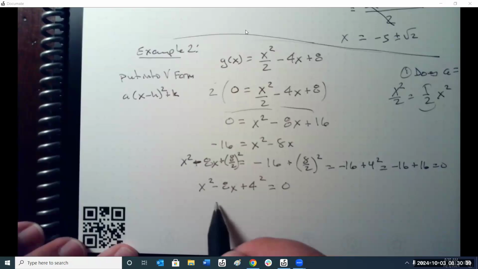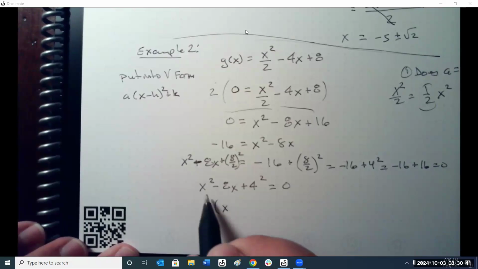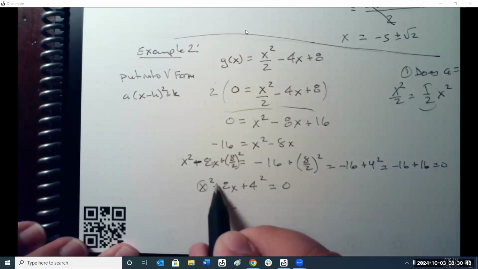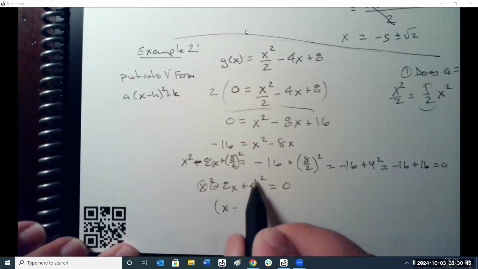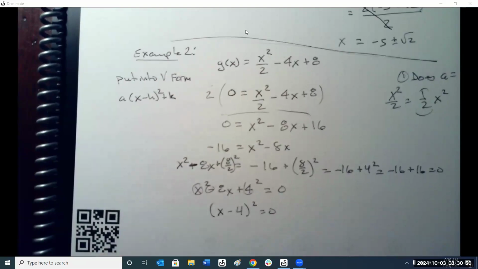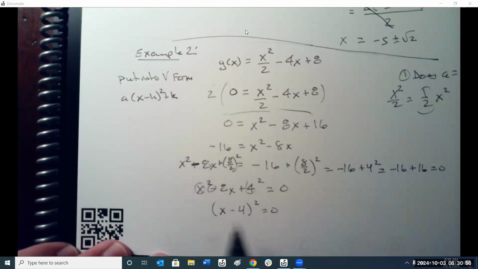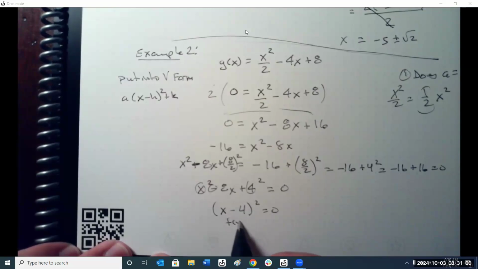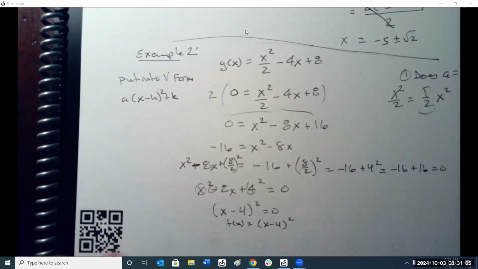So we have here our first term, our first sign, and our last term. So here we're finished. So our function is equal to (x minus 4) squared.